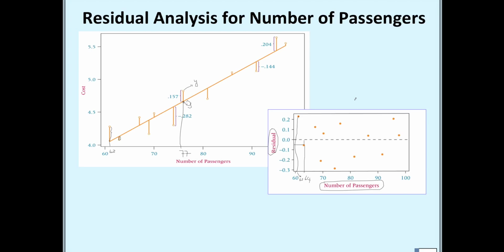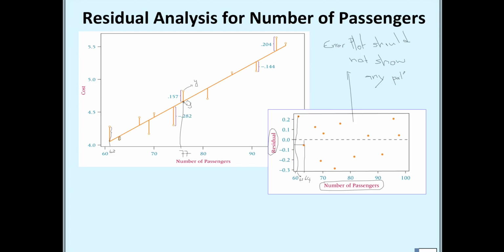The first one is the error plot or residual plot should not show any pattern. Any pattern. If it shows a pattern, that means your linear model is not useful.